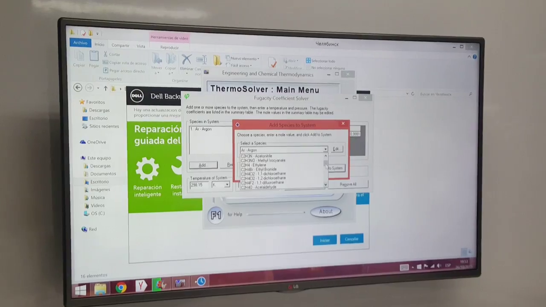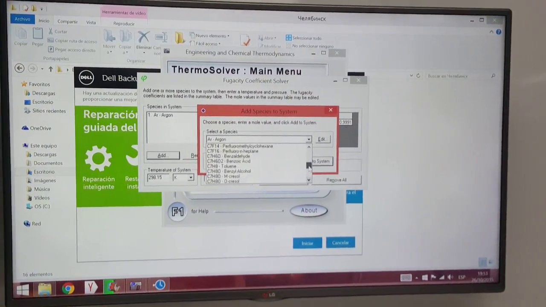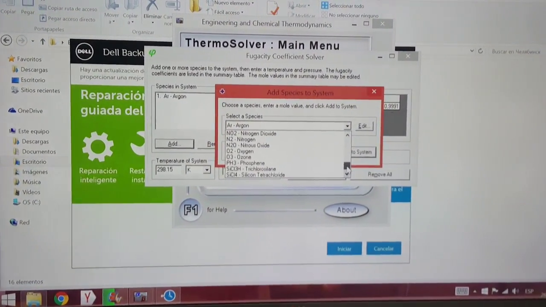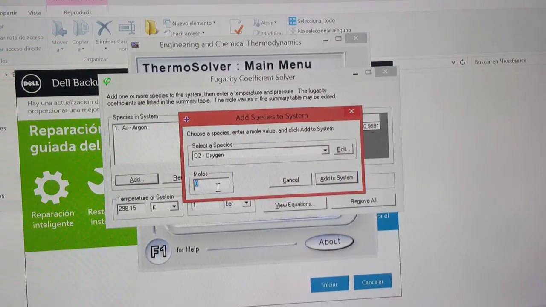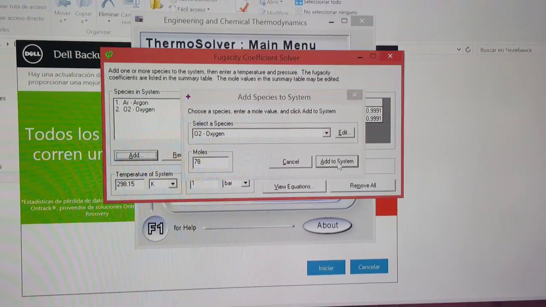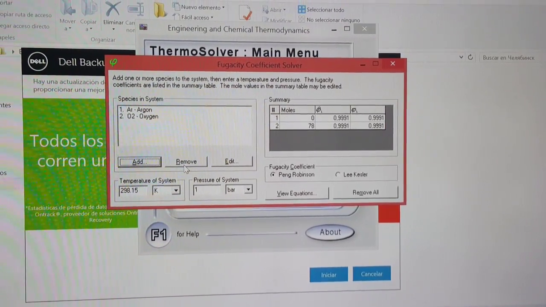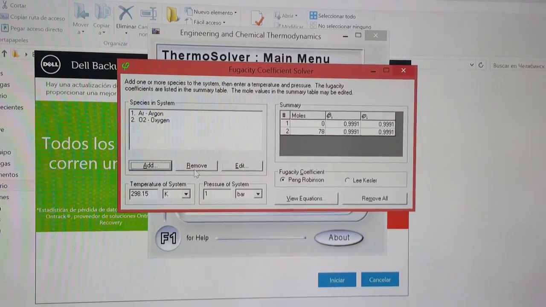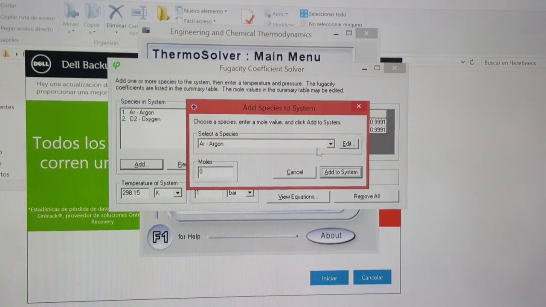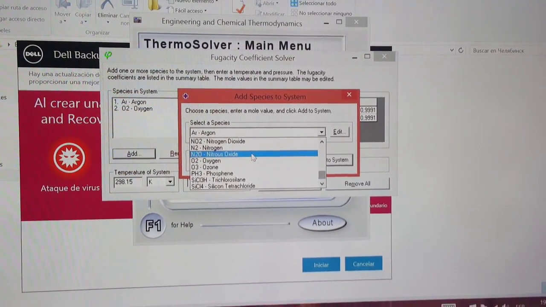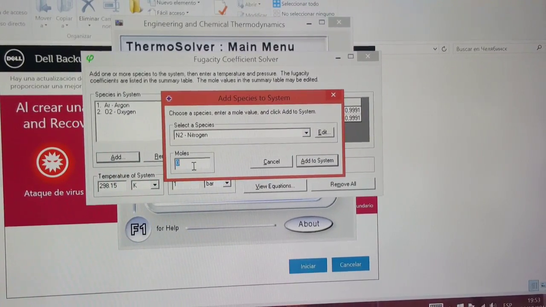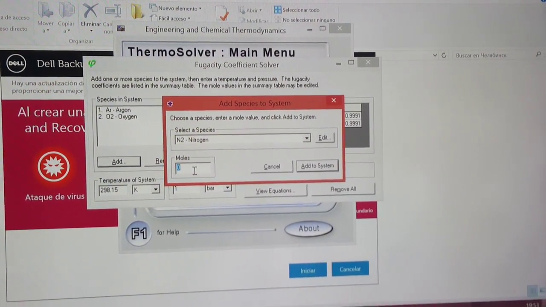After that I'm going to add the nitrogen. Let me search for it. We have many species here. Well, I find the oxygen, and for the oxygen we have 78 moles. I'm going to add it to the system.